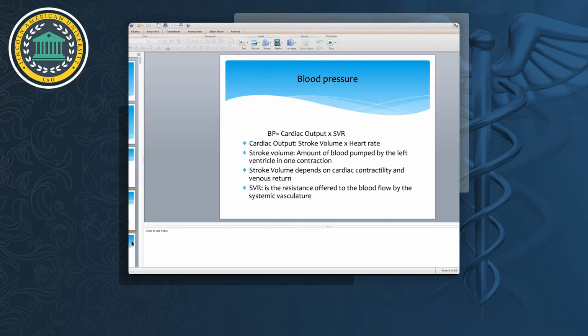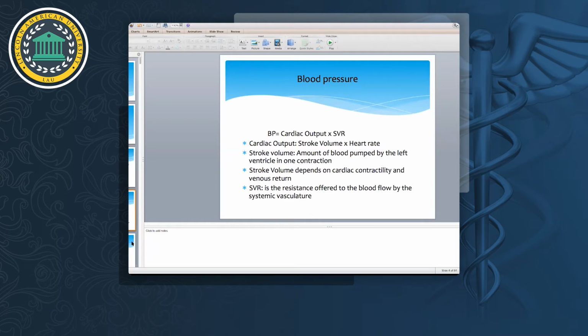When the venous return is low, the blood in the left ventricle is low, so the stroke volume is dropped. And then the systemic vascular resistance is the resistance offered to the blood flow by the systemic vasculature. So in other terms, blood pressure is cardiac output into systemic vascular resistance.